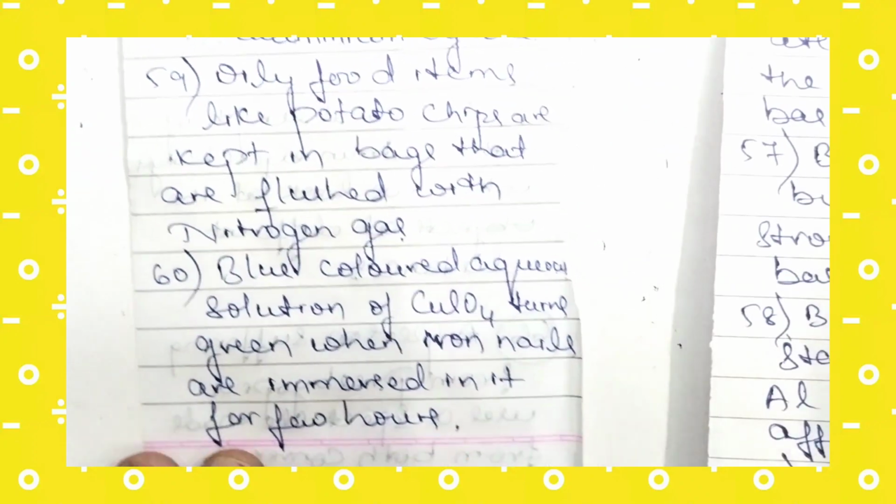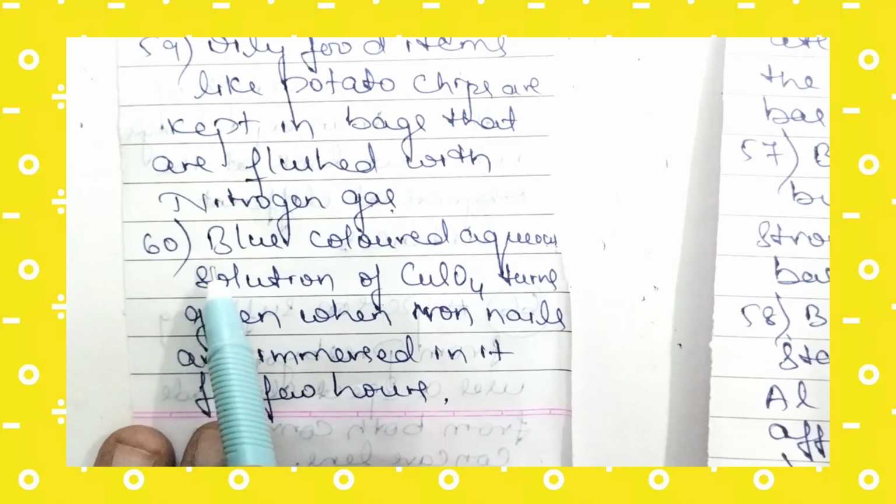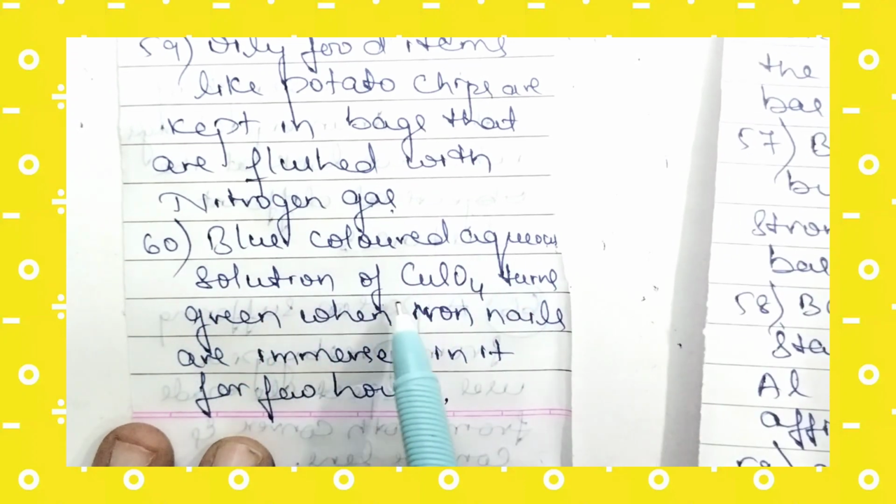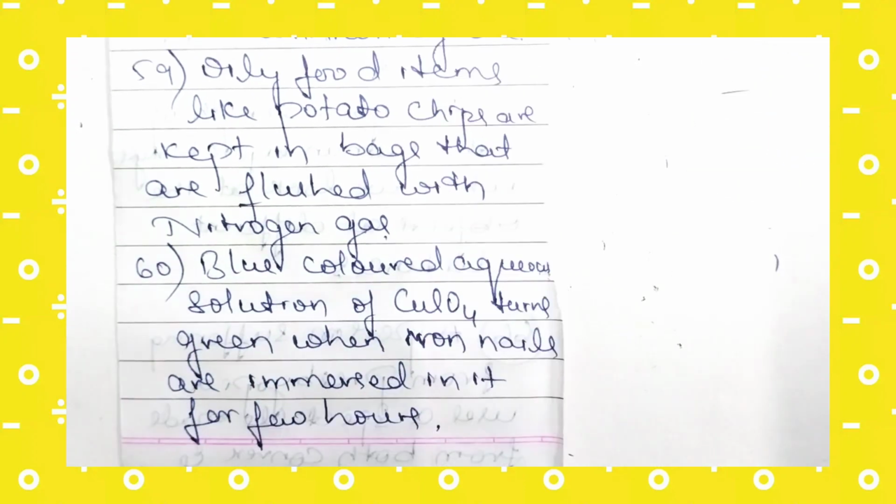Now let us move for question number 60. Blue colored aqueous solution of copper sulfate turns green when iron nails are immersed in it for few hours, it says.